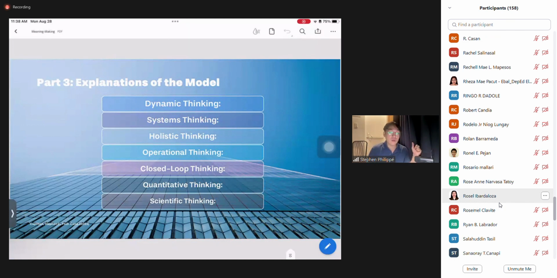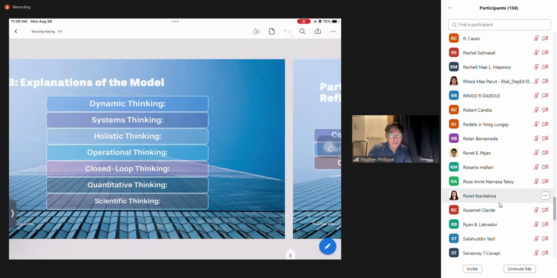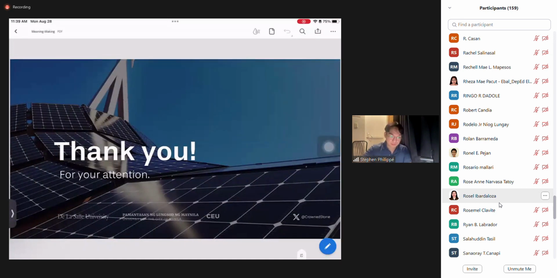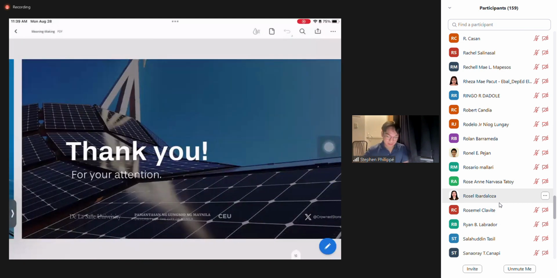But to elucidate the problems or the questions in such a way that you can make it systems, that's a plus. So lastly, in part 4, you complete a reflection form after you have developed your models. And yeah, that's it. Thank you so much.